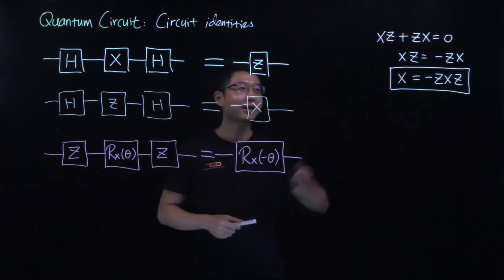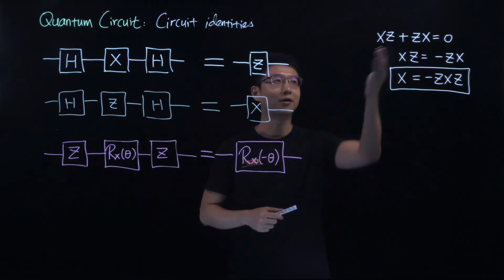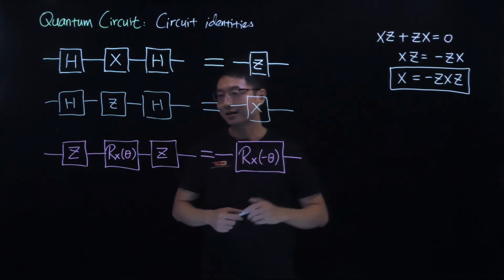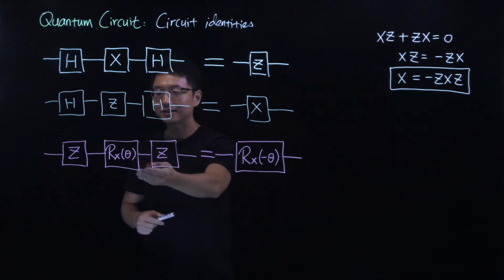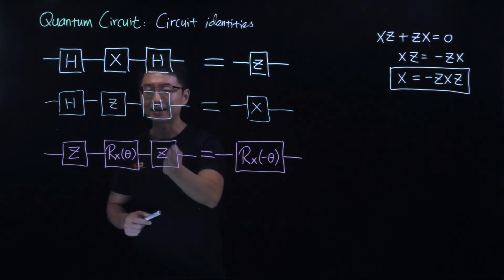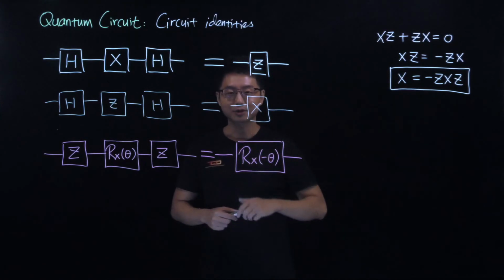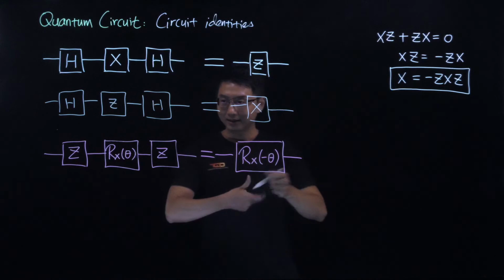As a final application of this important anti-commutation relation between the Pauli operators, let us use these results to verify this circuit identity. That is, a rotation around the x-axis by an angle theta sandwiched between 2 Z gates is equivalent to just a rotation around the x-axis by an angle minus theta. Let's see.